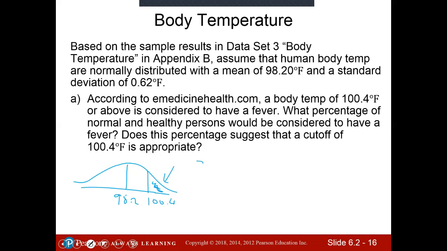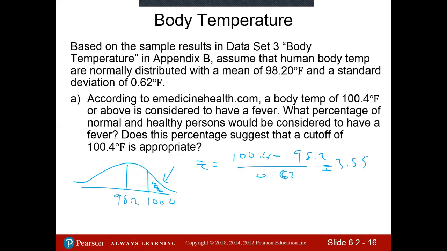So I need to get my z-score, which is 100.4 minus 98.2 divided by 0.62. When I calculated that, it is equal to 3.55. So I need to find the probability that corresponds to this z-score using the table.